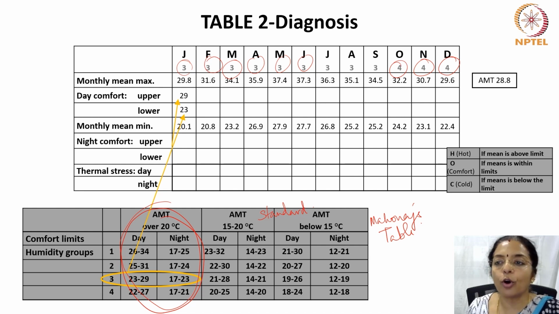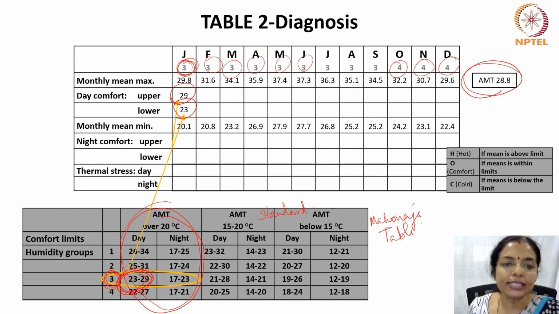So for an AMT of 28.8, which falls here, 28.8 is between 23 and 29, and the humidity group of 3, for this combination, what is the upper day comfort limit and what is the lower comfort limit.